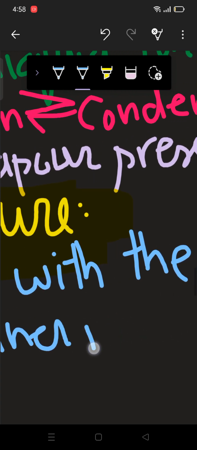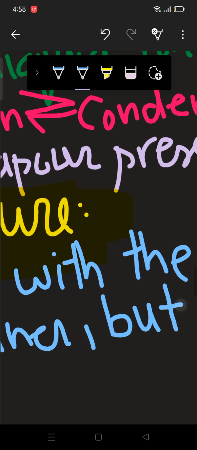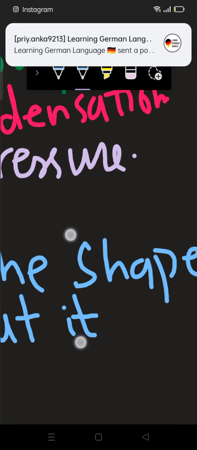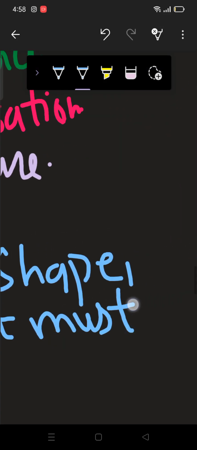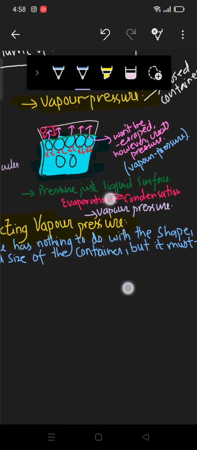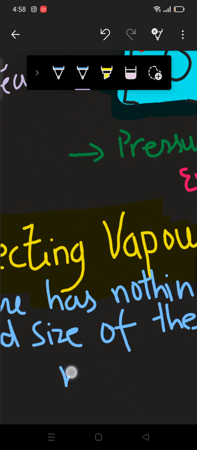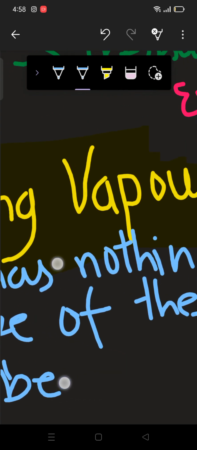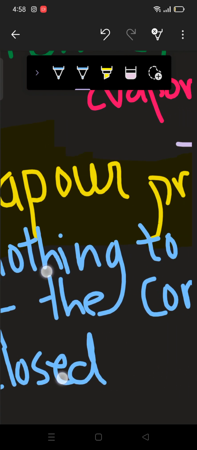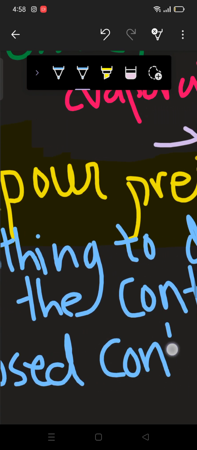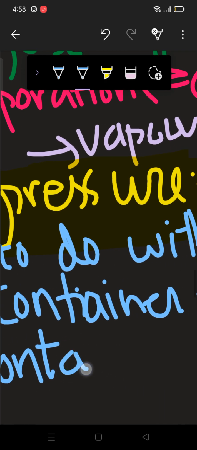Okay, but it must be a closed container, right? Because we have already discussed that vapor pressures are made in closed containers only, right? Closed container.